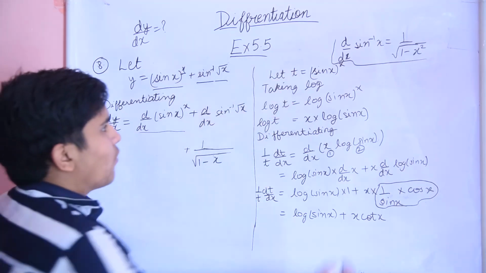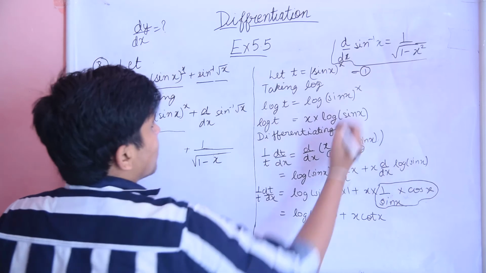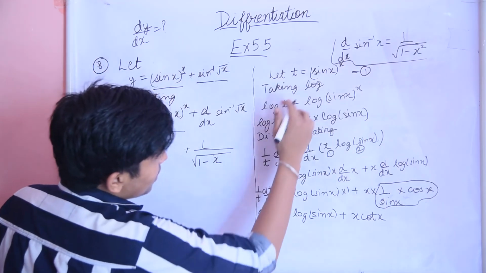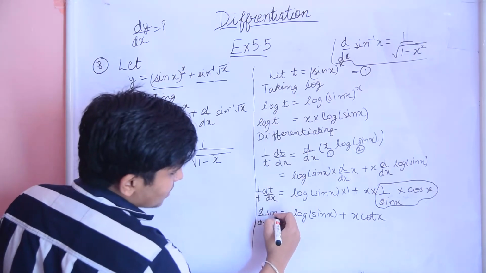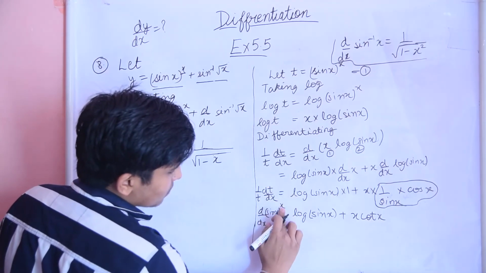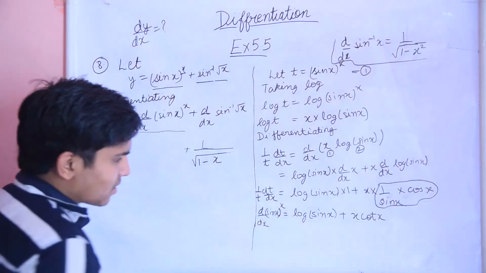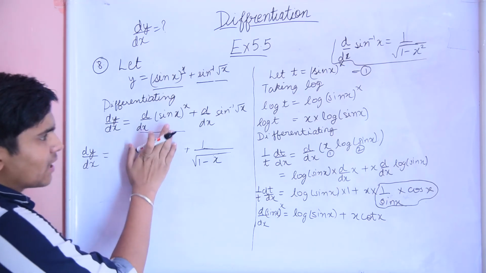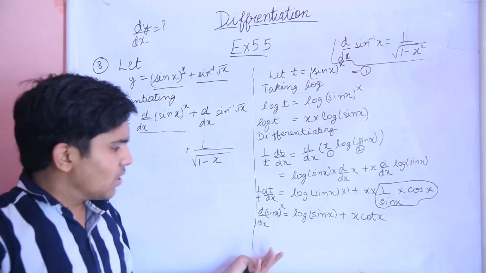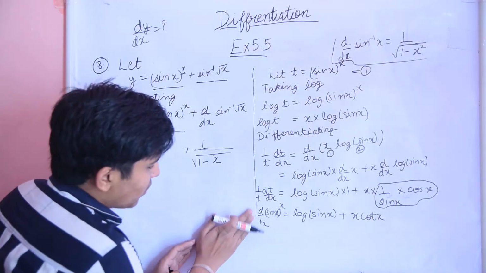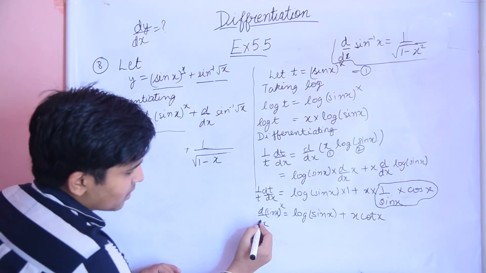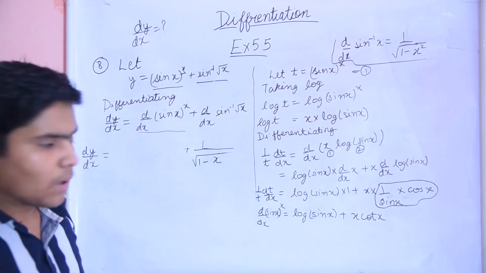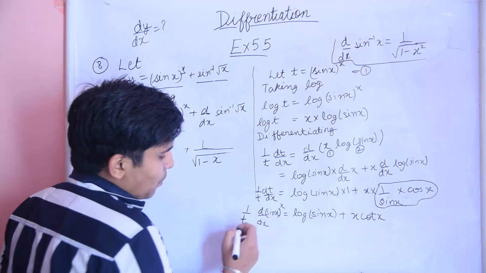So putting the value of t from equation number 1, dt means d by dx of t, which is sin x raised to x. As you can see, we have to calculate d by dx of sin x raised to x here, but there is a multiplication of 1 upon t.